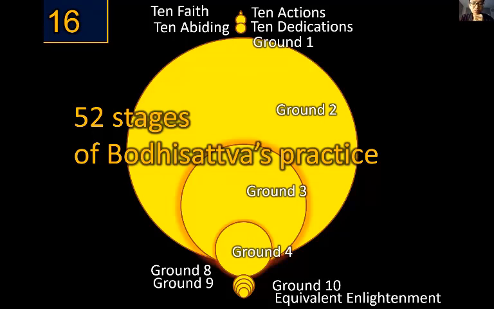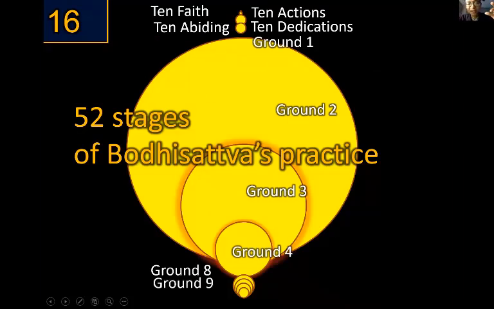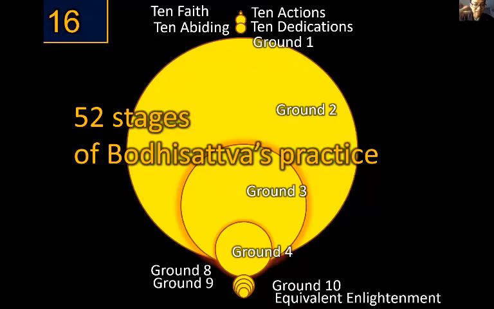And so the 52 stages of Bodhisattva practice go from 10 faith, then 10 abiding, 10 actions, 10 dedications, these 4 beginning stages, and then we continue with ground 1, 2, 3, 4, 5, 6, 7, 8, 9, 10 of the 10 grounds of Bodhisattva practice.